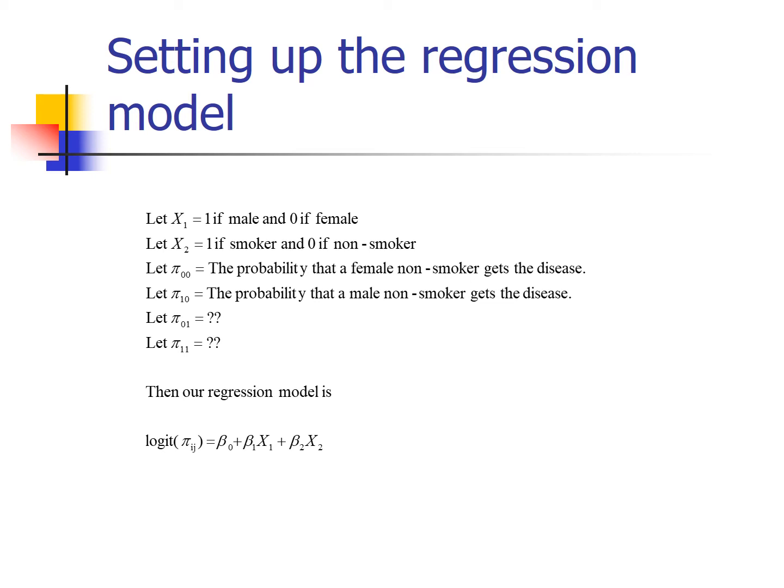And so our regression model will be logit of pi ij. That ij is now indicating how this probability depends upon our x's. With 2 x's, I just denoted that with 2 subscripts. It's beta naught plus beta 1 x1 plus beta 2 x2.